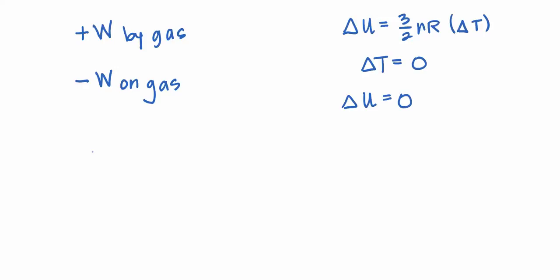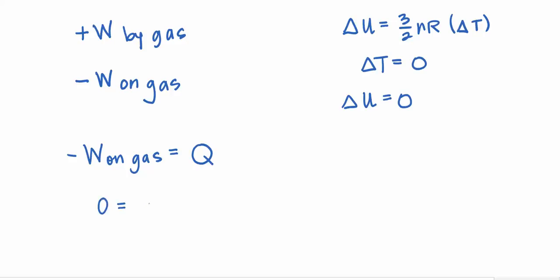And so the work done on the gas, the negative work done on the gas, because the gas was expanding, must be equal to any energy that was transferred to the system. So that means that Q plus W is 0.